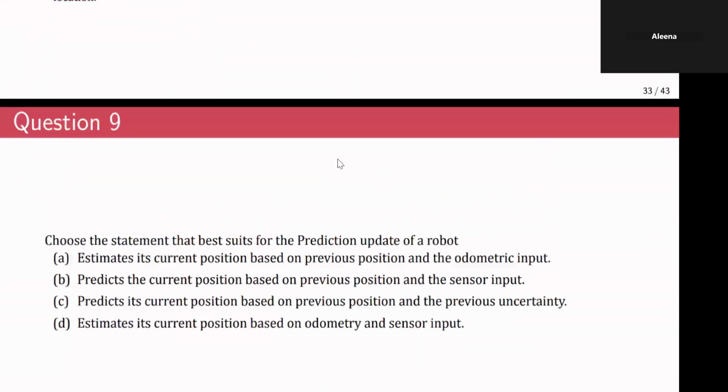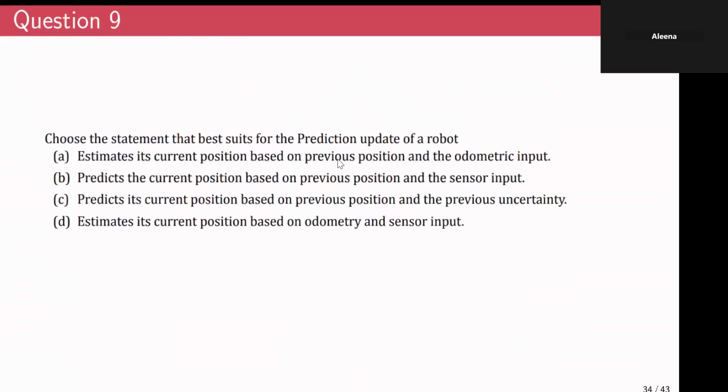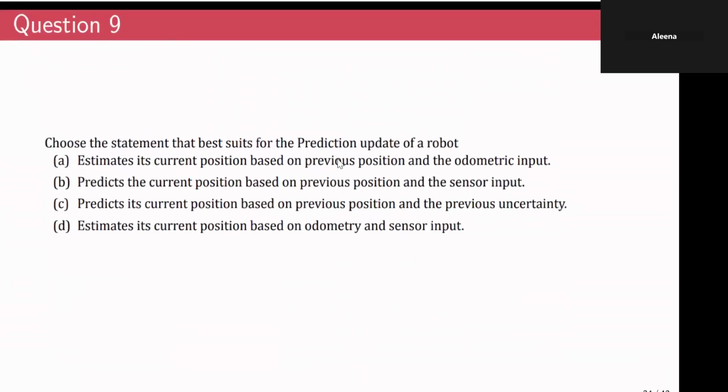All right. So moving on to question 9, we have a couple more questions. Choose the correct statement that best suits the prediction update of a robot. We have seen two cases, prediction and perception.